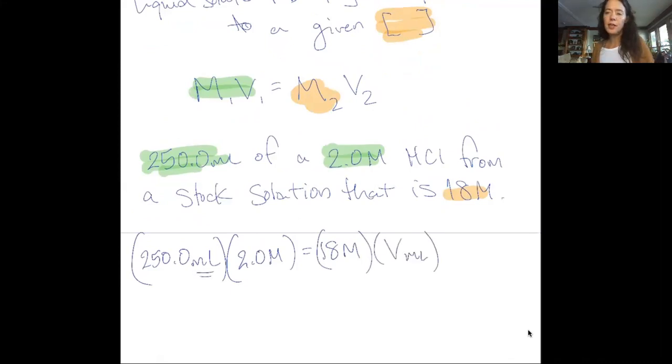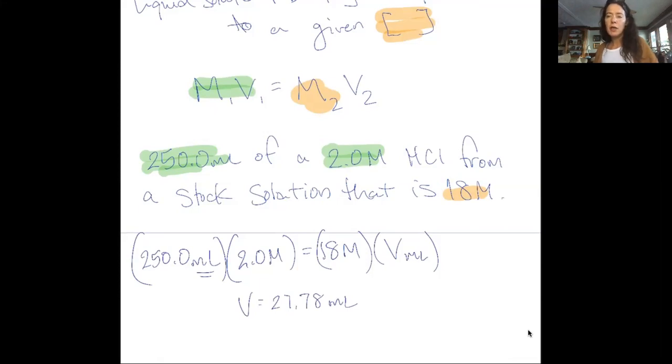So I don't need to convert it. It works itself out. Do the math. That's 250 times 2 divided by 18. And I get 27.78 milliliters. Okay, that's easy.